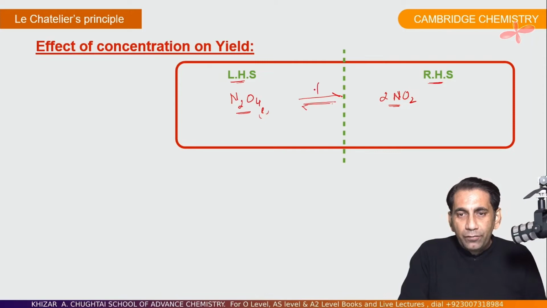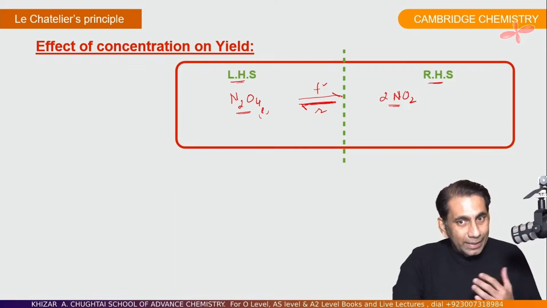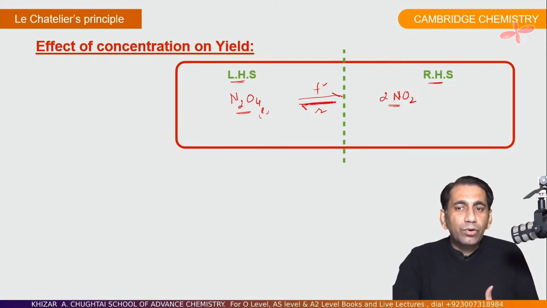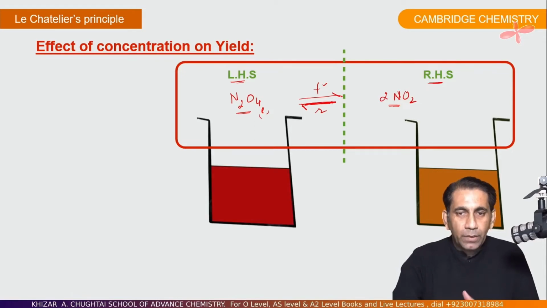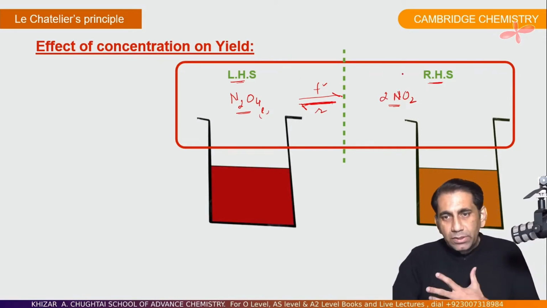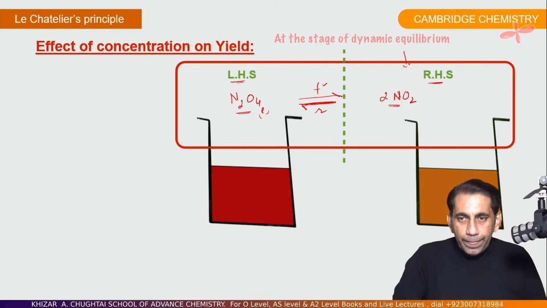So this is one, the first one is the forward reaction, and the reaction that is going to start later on is said to be the reverse reaction. The color of this N2O4 is reddish brown, that is a reddish brown liquid, and nitrogen dioxide is a brownish gas, you can say. So let's suppose at this stage I add more nitrogen dioxide into this sealed container.